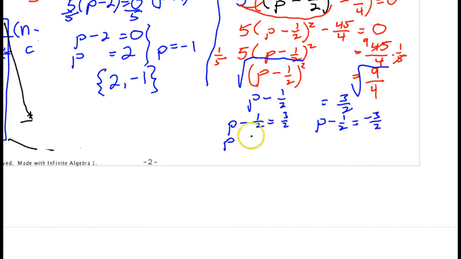Add a half to both sides and you get 4 over 2, which equals 2. Add a half to both sides and you get negative 2 over 2, which is negative 1. So of course, we do end up with the same answer.